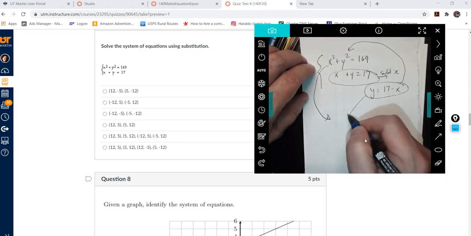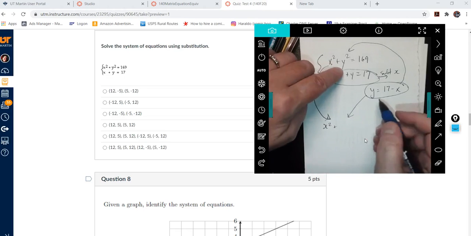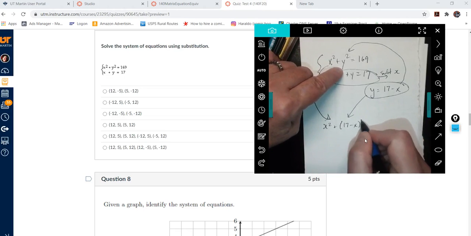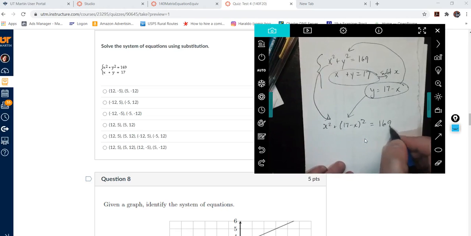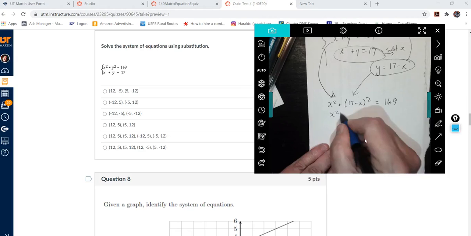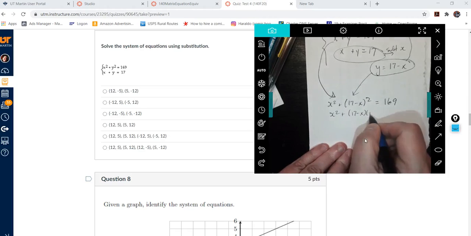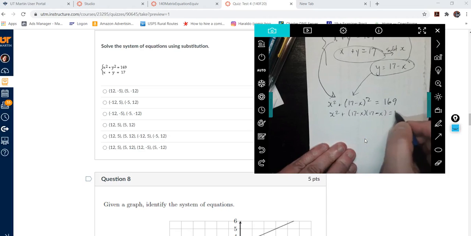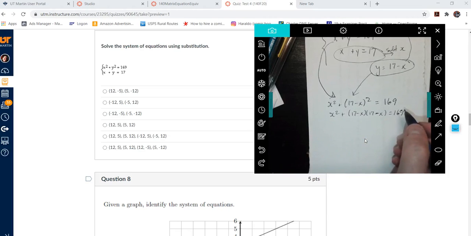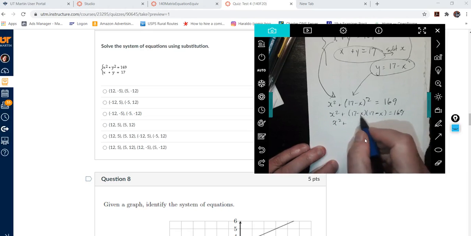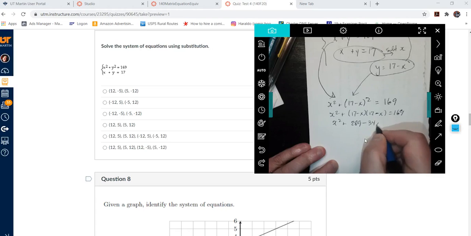So this equation will become x squared plus y squared, which is 17 minus x all squared, equals 169. So I'll have x squared plus 17 minus x times 17 minus x is 169. And that's going to give me x squared plus 17 times 17 is 289, minus 17x minus 17x, so minus 34x, and then plus x squared equals that.